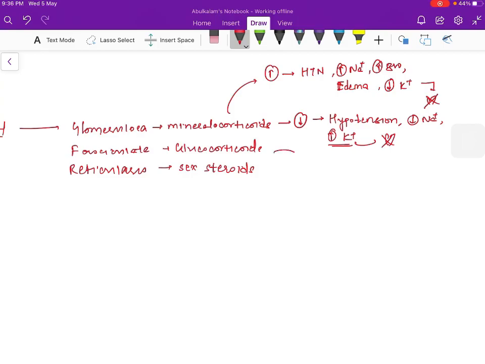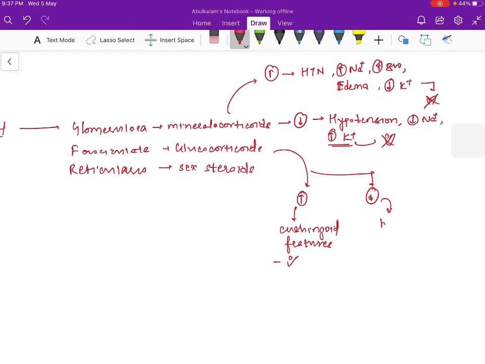Now, glucocorticoids can increase or decrease. If glucocorticoids increase, you get Cushingoid features. What are Cushingoid features? Moon face, buffalo hump, lipid deposition, purple striae. These all are the Cushingoid features. If they decrease, what will happen? Now, glucocorticoids are basically stress hormones, so they cause raised glucose levels in times of stress.